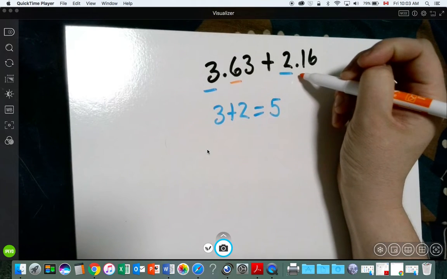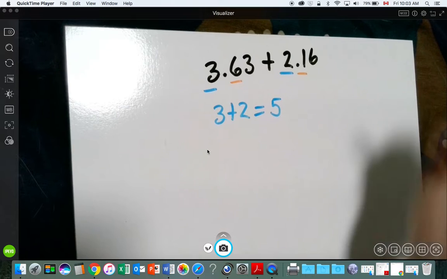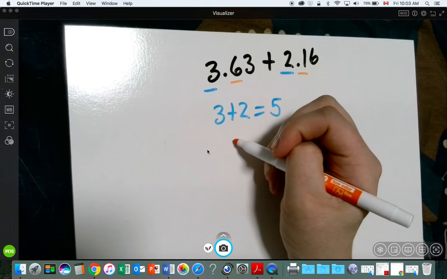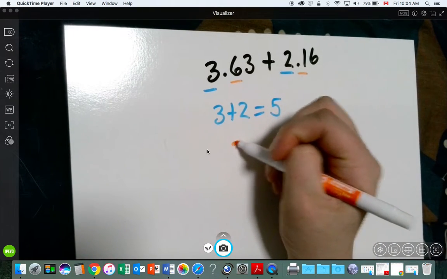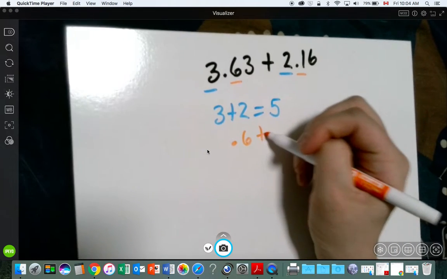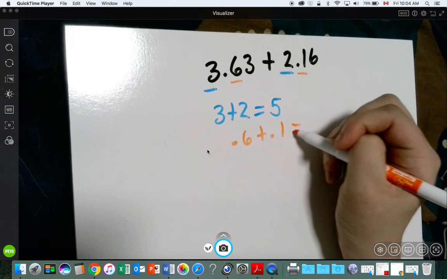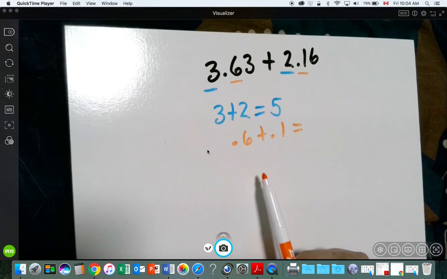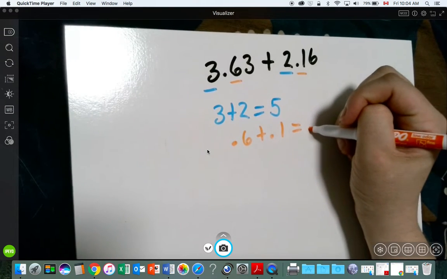So we have 0.6 and 0.1. So we're adding together 0.6 plus 0.1, and we could see right away that it is 0.7.